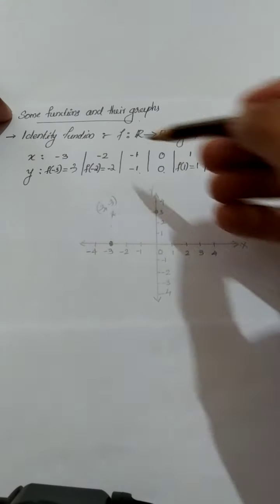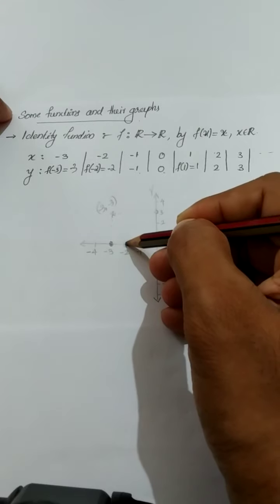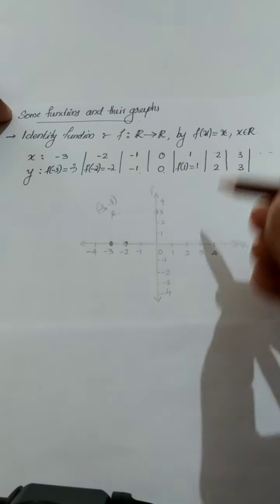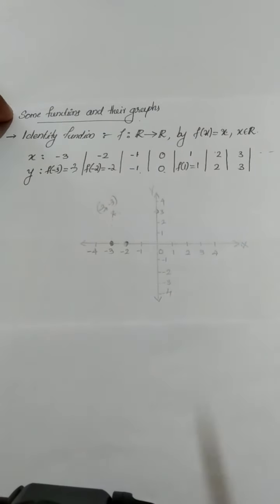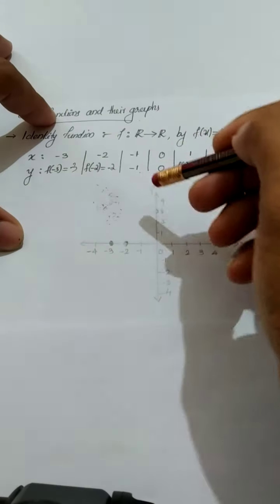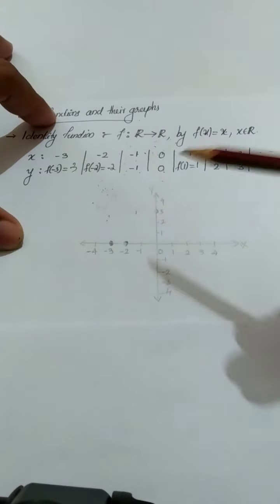Next, -2. This is the x value, -2. What is the y value? It's again minus 2 because this is the identity function. Sorry, there's a mistake. This is not minus 2, this is 3. Sorry, this is my mistake. Actually, this is not 3, this is minus 3.